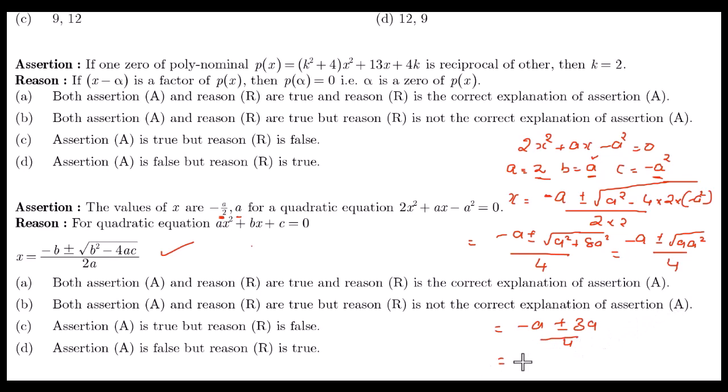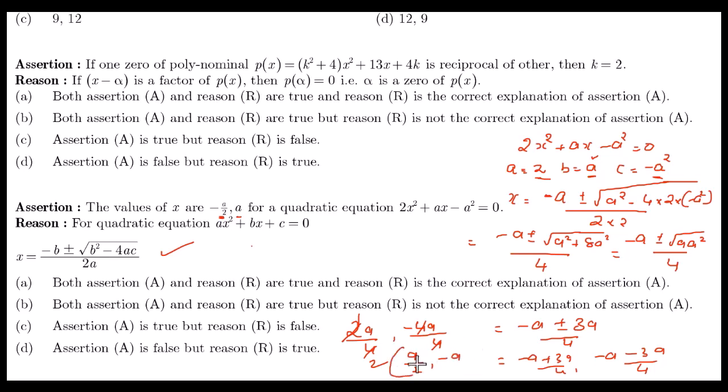That is equal to minus a plus 3a by 4, minus a minus 3a by 4. So the answer is minus a plus 3a is 2a by 4, and minus 4a by 4. So 2 goes into 4 twice, minus 4 and 4 cancel. So it will be a by 2 comma minus a.